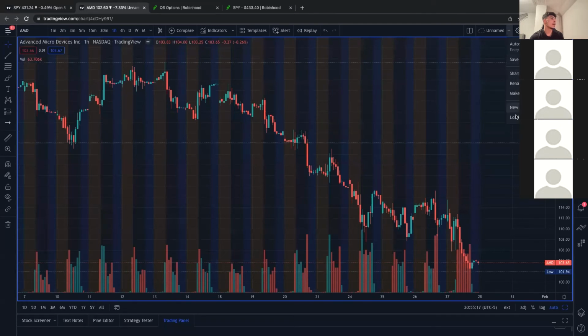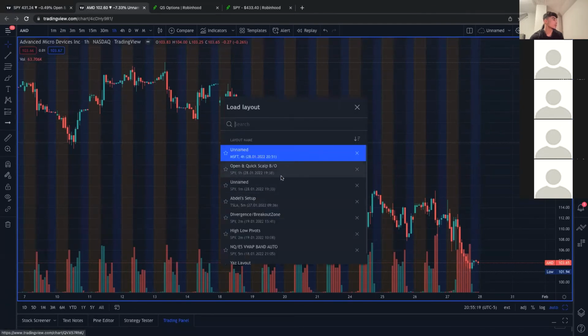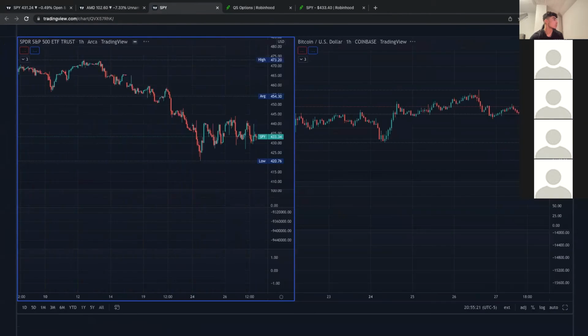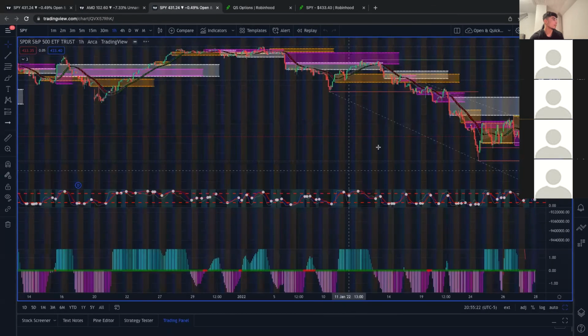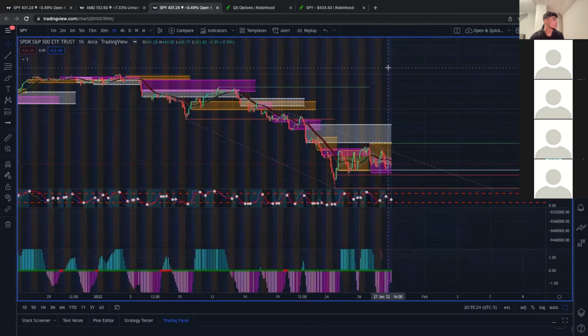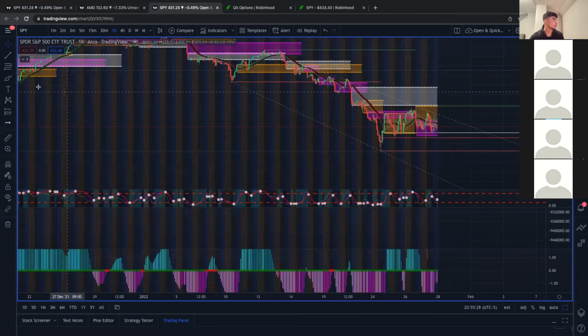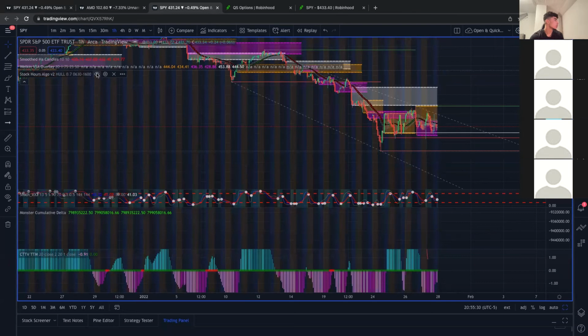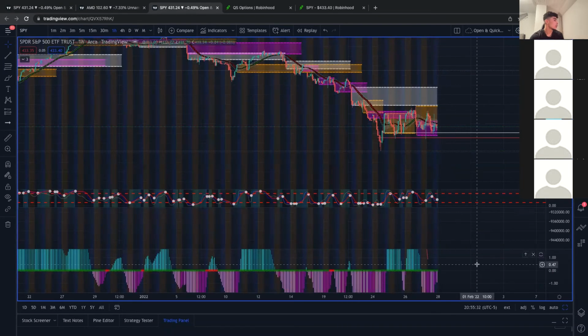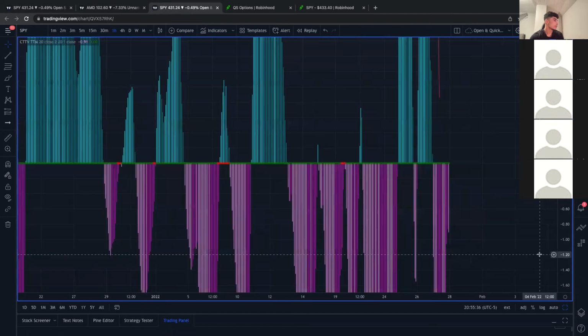One that I recently started using thanks to Vision is this open breakout. Let me take this one out for now.